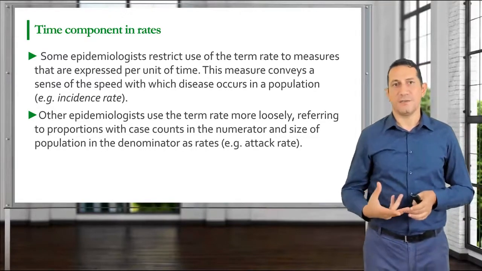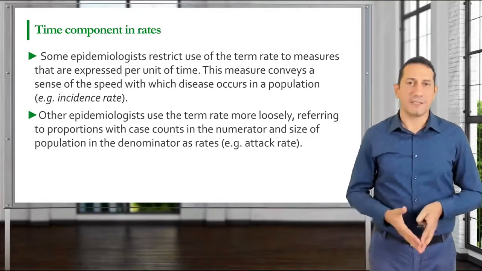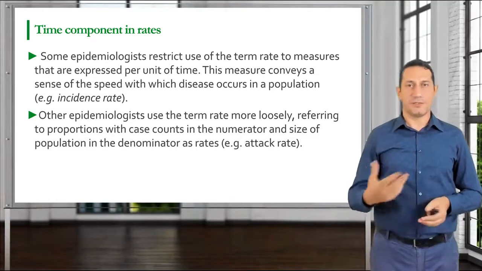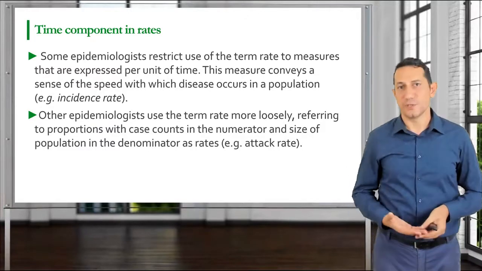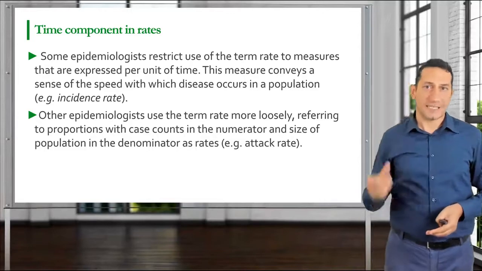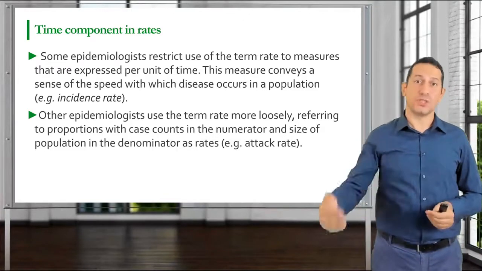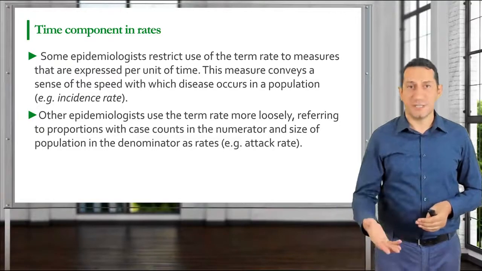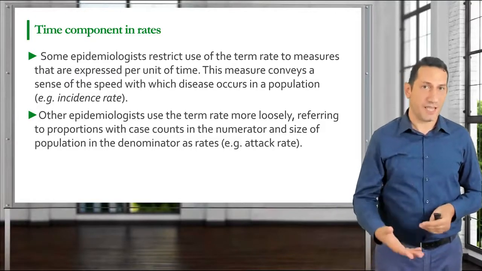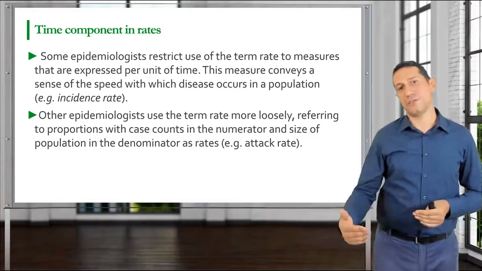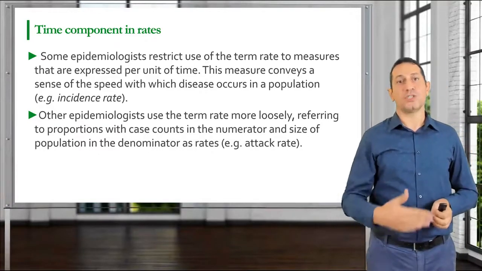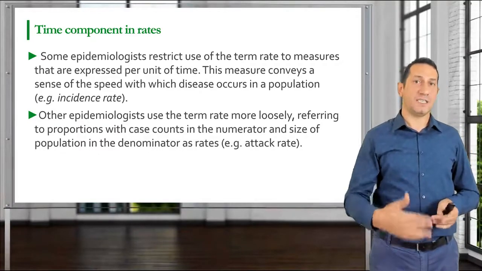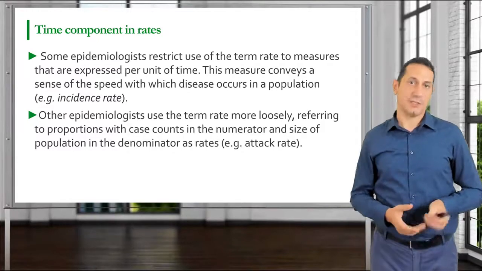So let's say when you drive a car, the speedometer says 100 kilometers per hour. So it has the time component and shows you the speed of a progression, for example, of a disease. It would be per year, it would be per day, it would be different time measurements, which show the speed of the disease propagating into a population.